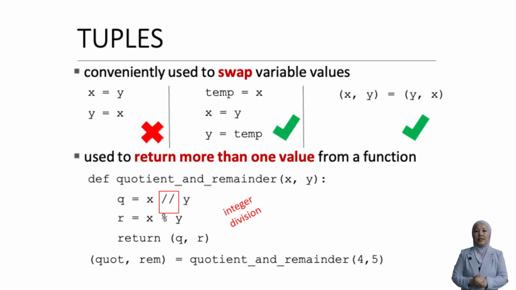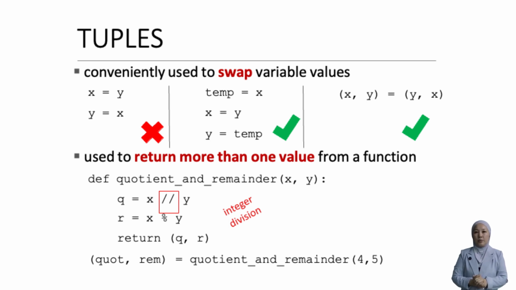Given their immutability, why are tuples useful? Two elegant applications. First, they enable clean variable swapping without a temporary variable. Look at the code: (x, y) = (y, x). The right side creates a tuple of the current values, (y, x). Then, this tuple is unpacked and assigned to (x, y) on the left, swapping the values in one line.